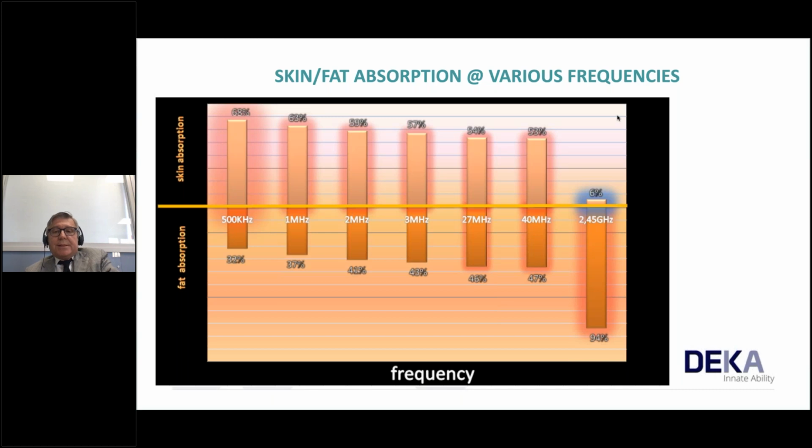You see this bar chart, you can appreciate at 2.45 gigahertz the great absorption at this kind of frequencies in the fat and very, very low in the skin. The skin is like a sort of glass layer that allows the energy to pass through and reach the fat and concentrate the energy there.